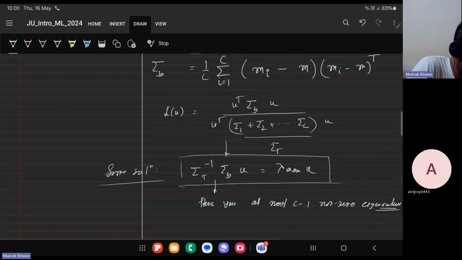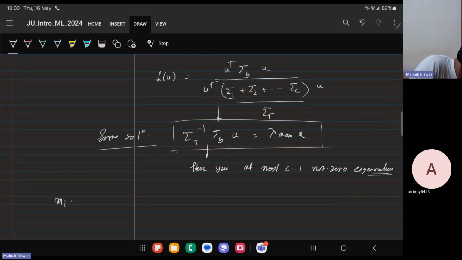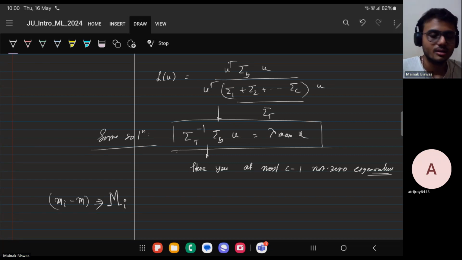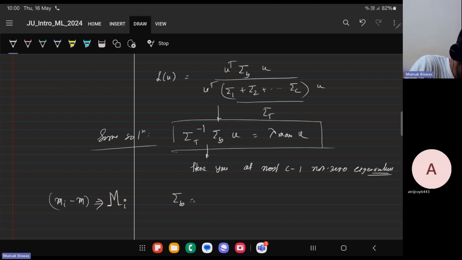Let us write mi minus m as some capital Mi. So your sigma b can be written as the sum of capital Mi, Mi transpose, for i equal to 1 to C.